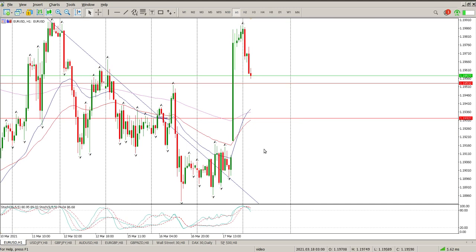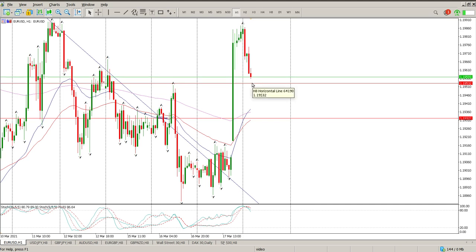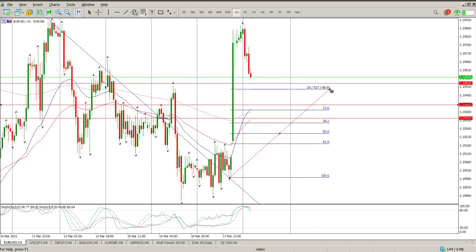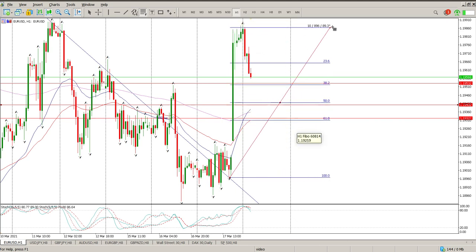Okay, so just moving down to the hour, what are we looking for? We had a trend line break, and we're having a bit of a pullback. Looking for structure, I'd be looking to buy off this area, 119,532 is the one area, and you might as well add the next level in. I would also put a Fibonacci in here.